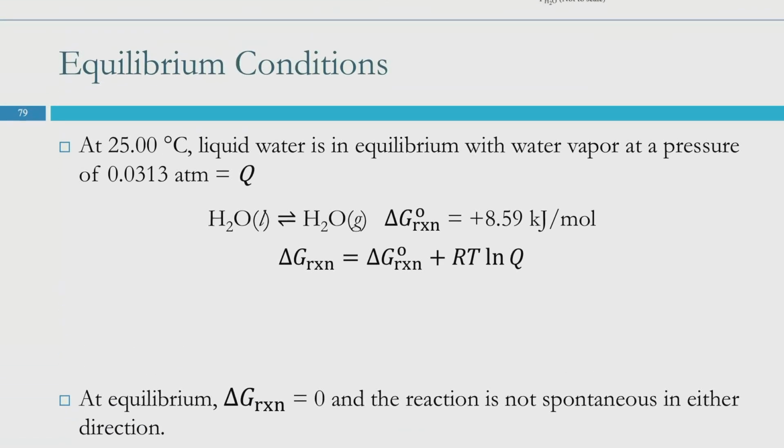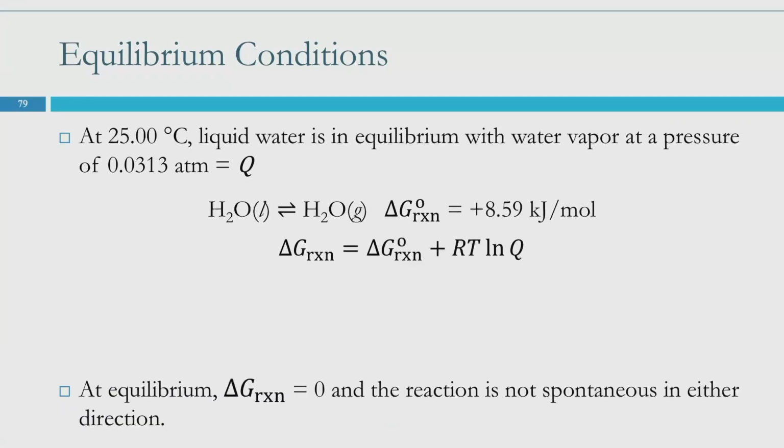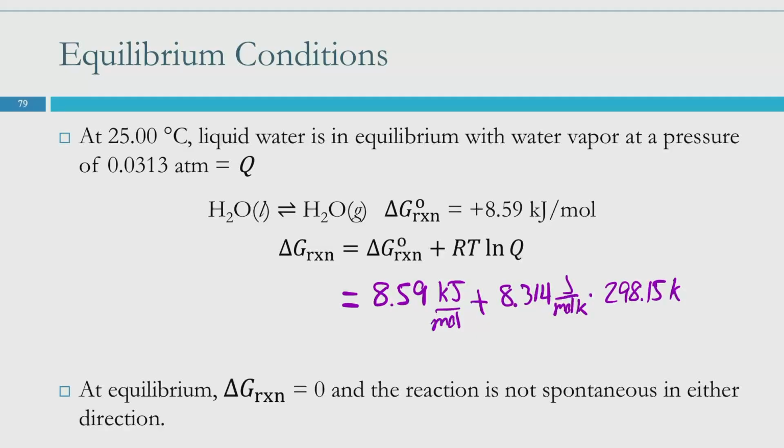We could do a calculation for this. So our standard change in free energy, 8.59 kilojoules per mole, plus R, 8.314 joules per mole Kelvin, times T, 298.15 Kelvin, times natural log 0.0313.